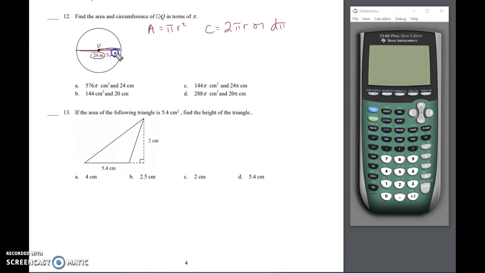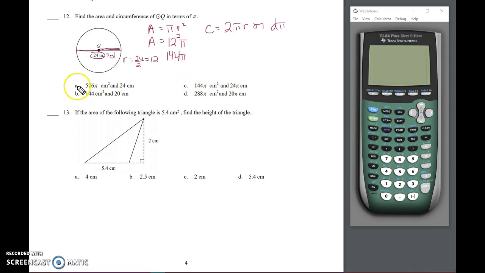That means 24 is the diameter. So for the area, the radius is equal to half the diameter, so that's going to be 12. So the area is equal to 12 squared times pi, and 12 squared is 144 pi.